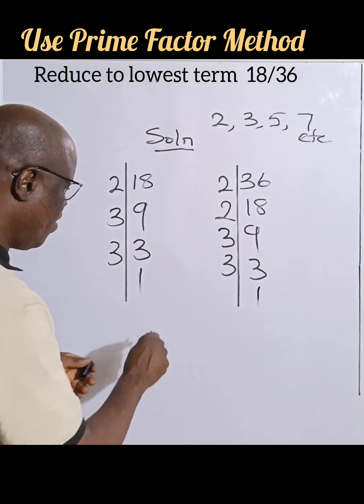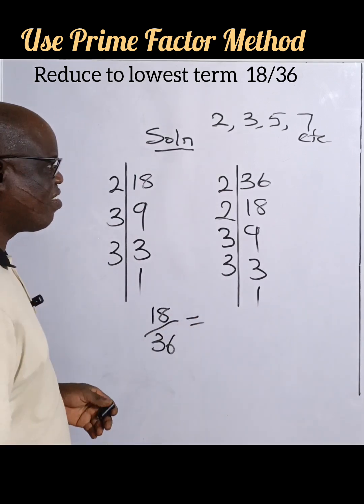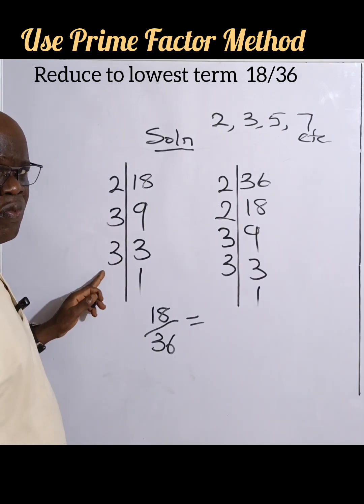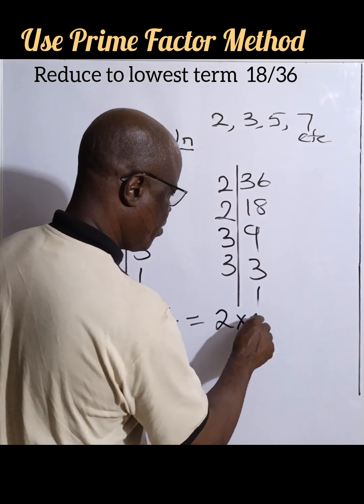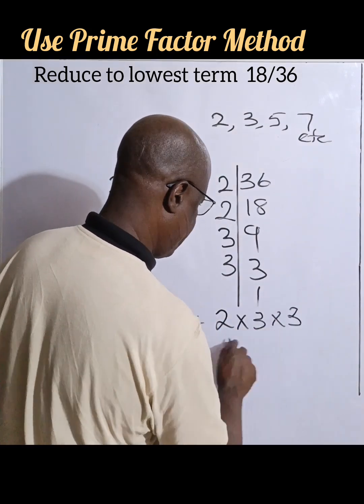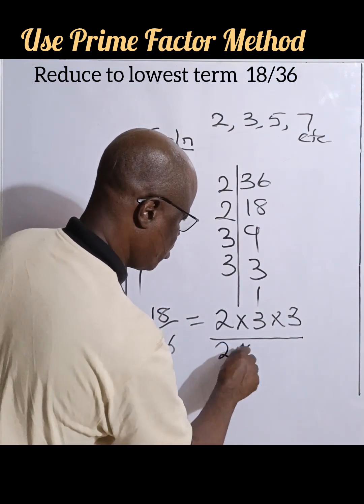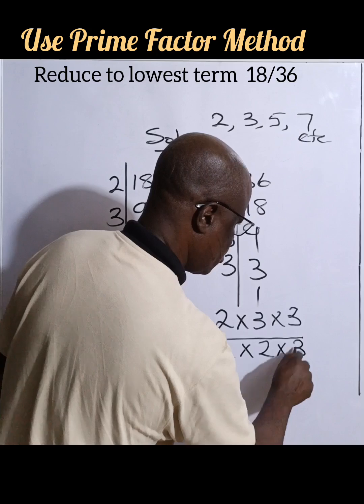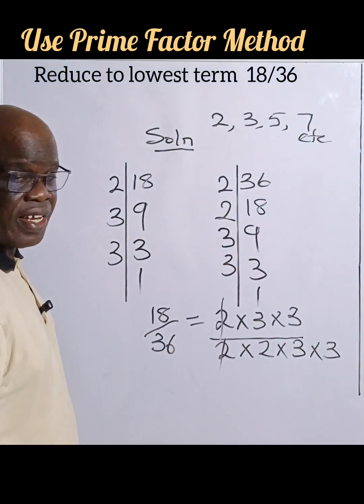So you have 18 over 36. This is the same thing as, expressing it as a product of prime factors, 2 multiplied by 3 multiplied by 3, and the same thing in the denominator. All right, so you can cancel the common factors.